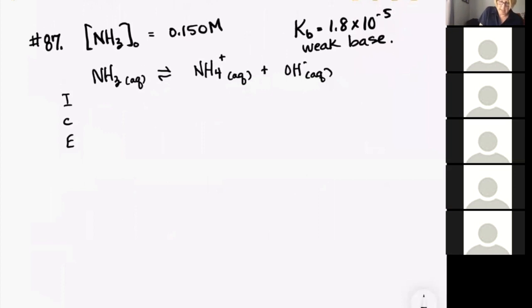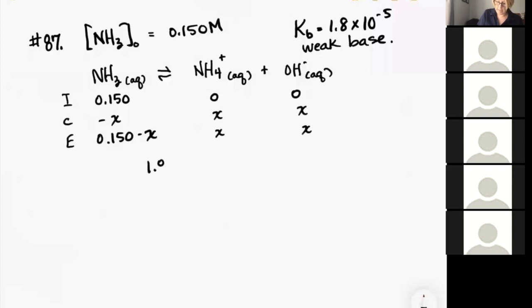So initially I have 0.15 molar. We're going to have X and X. Nope, I did it again. I'm getting ahead of myself. Initially, we have nothing. This is going to be minus X and plus X, and 0.150 minus X, X and X.